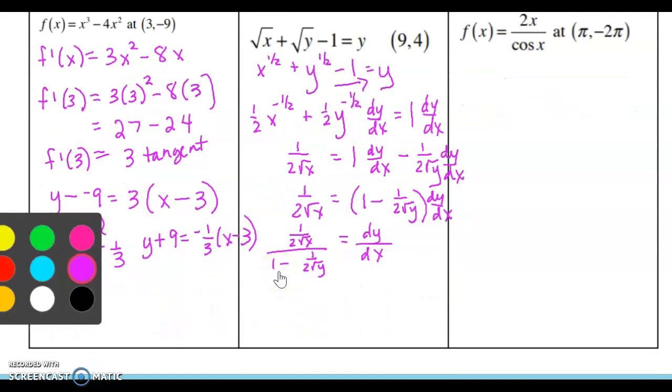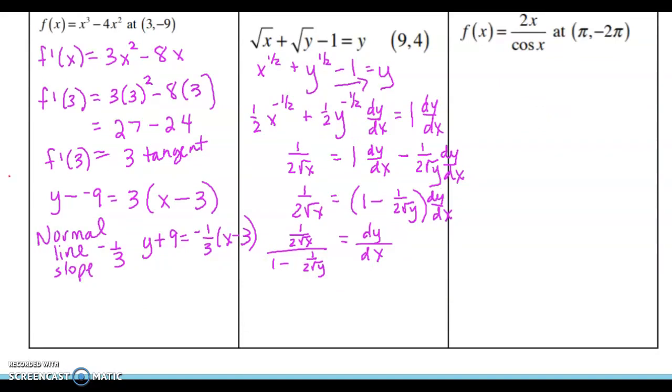Okay, and so now we want to substitute to find our tangent slope. I like to label what I'm finding. x is 9 and y is 4. So I get square root of 9 is 3, so 1/6 over 1 minus square root of 4 is 2, so 1/4.